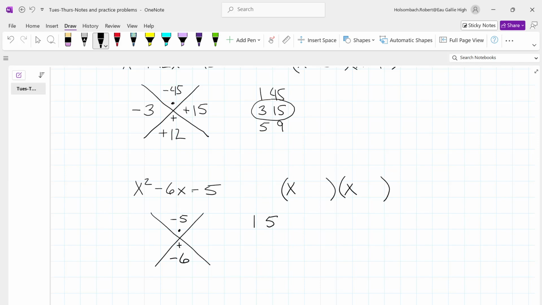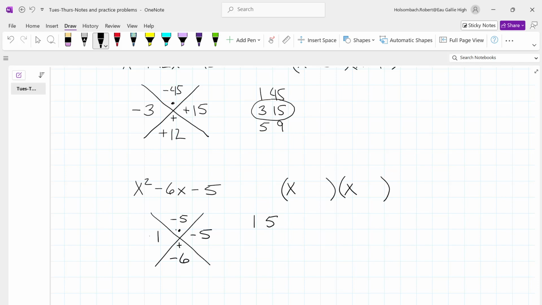Well, in order to get a negative 5, we have to have a positive and a negative. And if our middle term is negative, our larger factor needs to be negative. So if we use a 1 and a negative 5, the only way to get to a negative 6 would be negative 1 plus negative 5 equals negative 6.